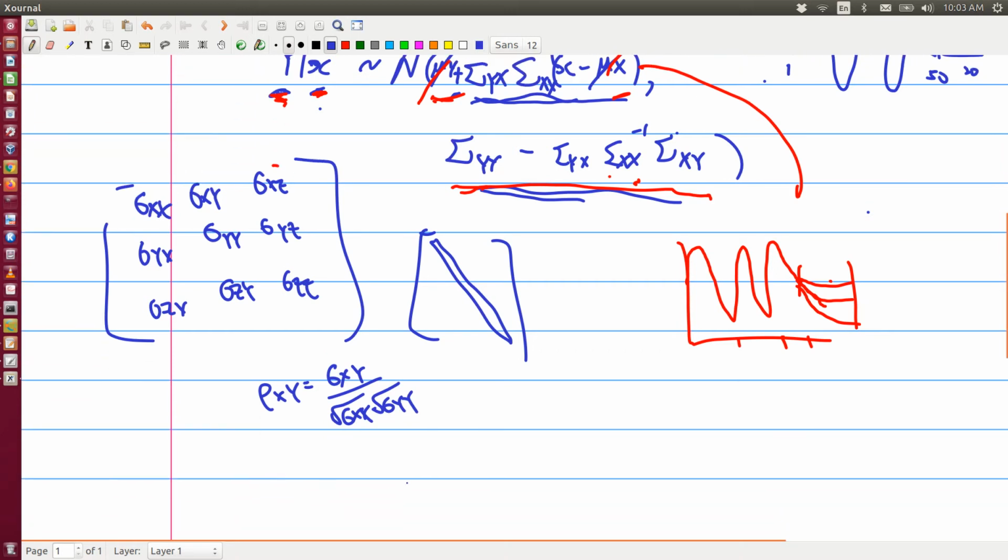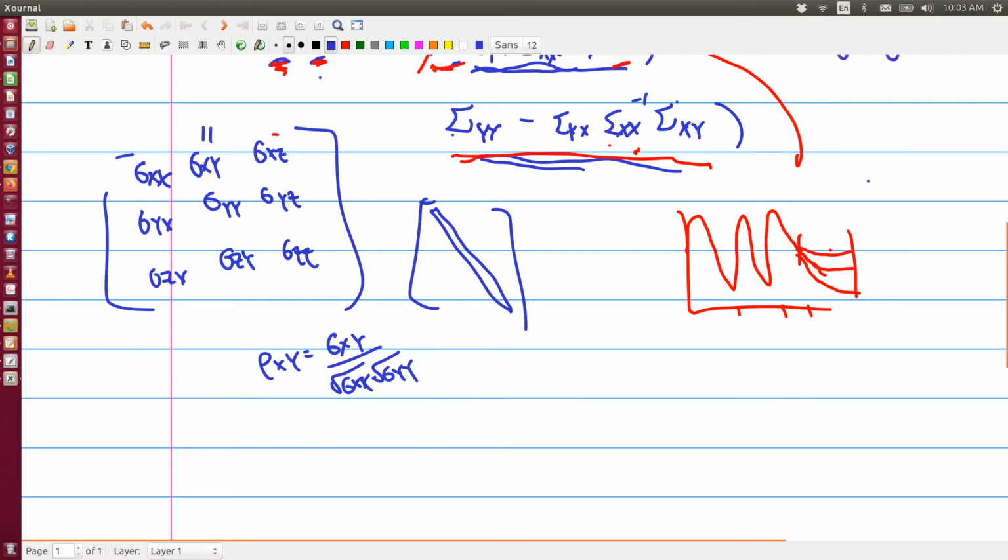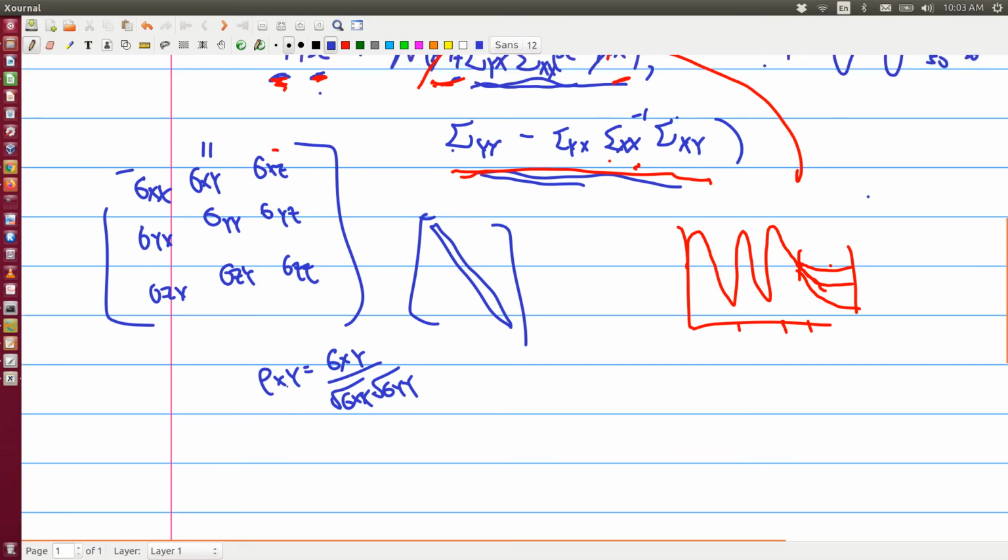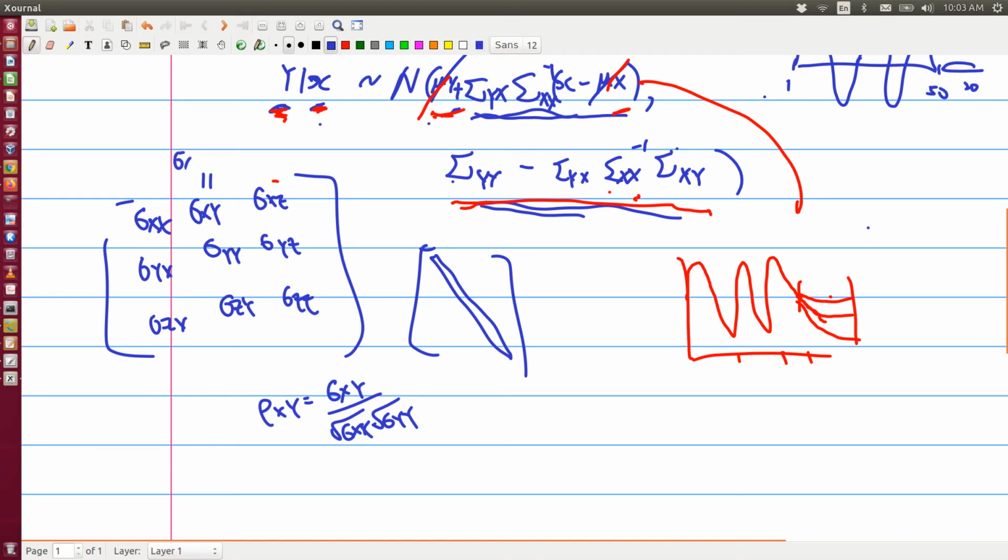In other words, I can rewrite this as sigma xy equal to the square root of sigma xx sigma yy times rho xy, and sigma xz equal to the square root of sigma xx sigma zz times rho xz.